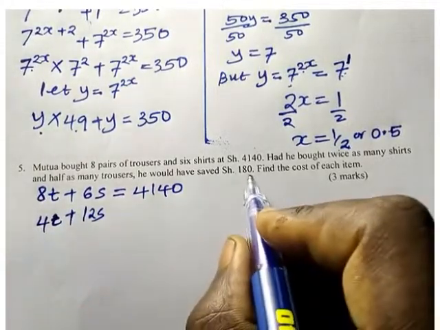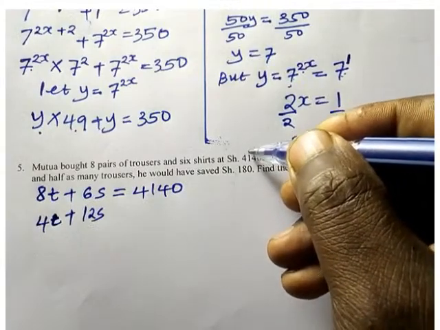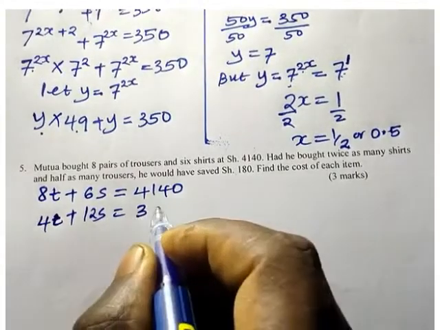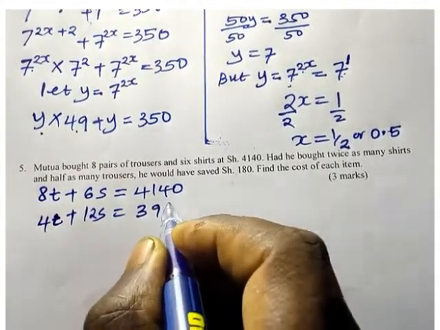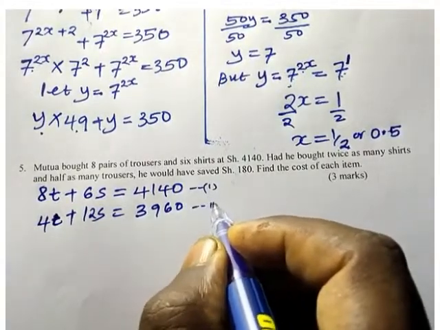He could have saved 180. If he had paid this, we subtract 180 from here and it will be 3,960. So this is our equation 1 and this is our equation 2.